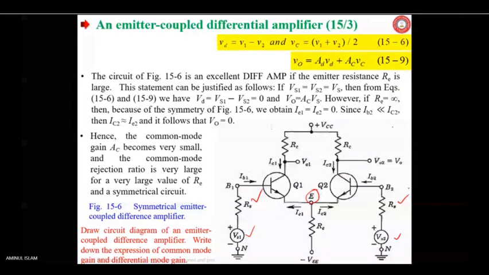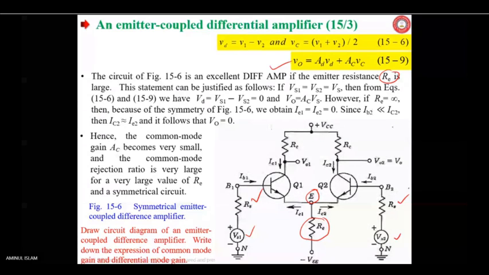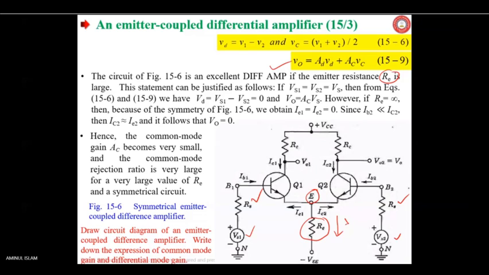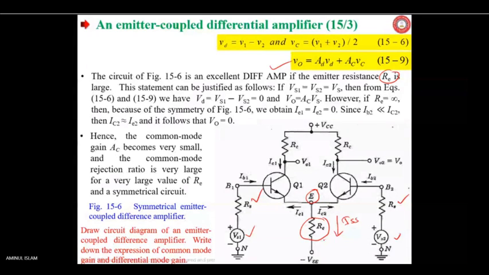The circuit here is an excellent differential amplifier if the emitter resistance RE, this one, is large. Large means how large? You cannot make it very large, closer to infinity, because some bias current should flow through this. ISS I was writing earlier. Are you remembering?